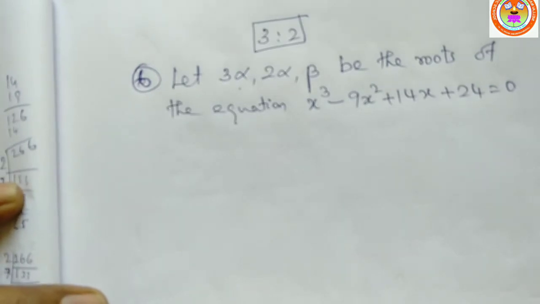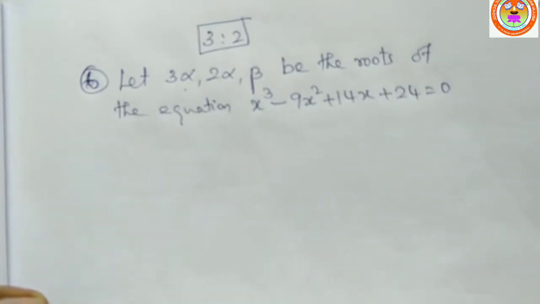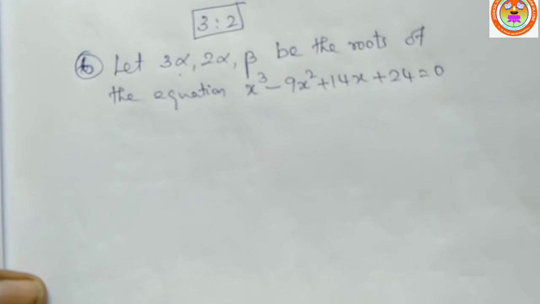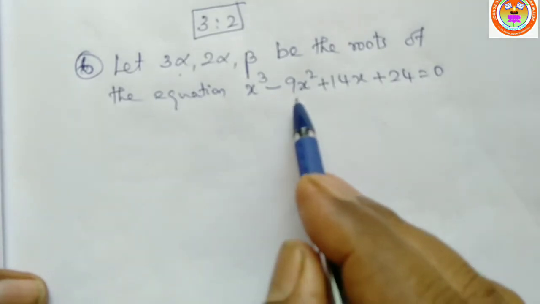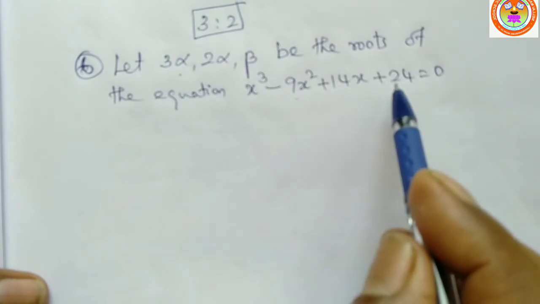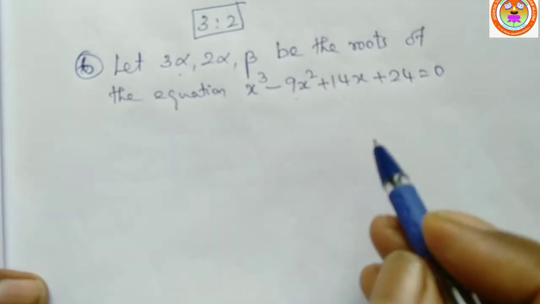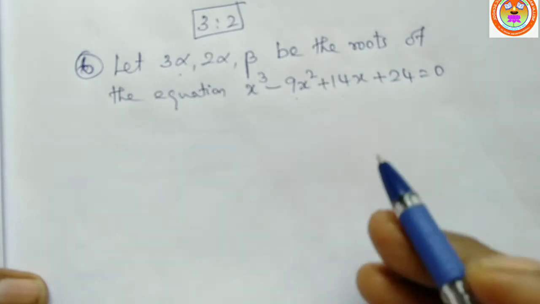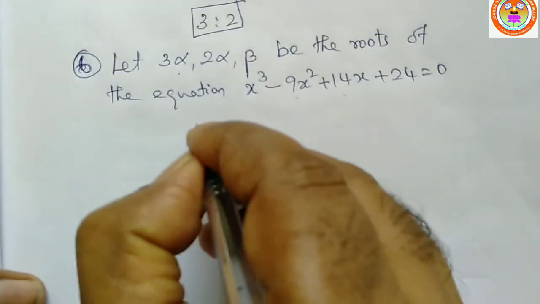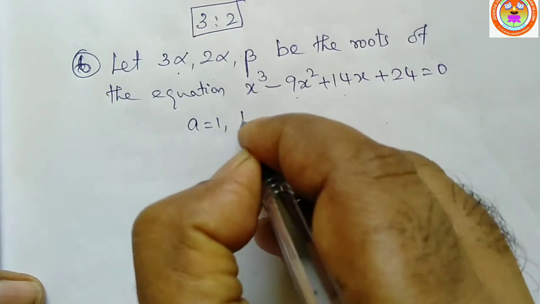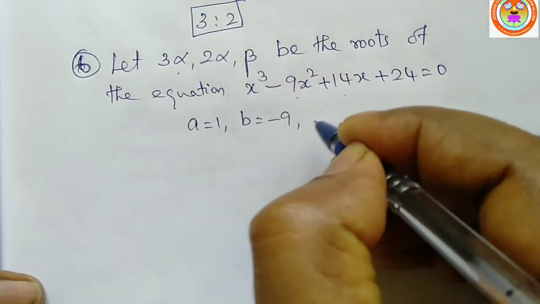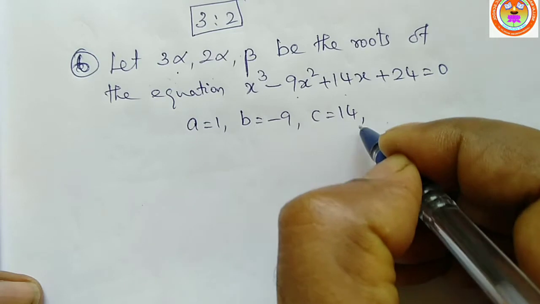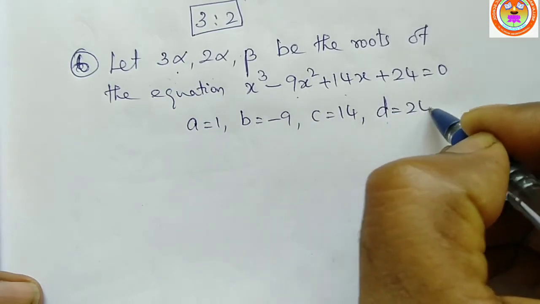When we compare this given equation with the standard form, ax cube plus bx square plus cx plus d is equal to 0, we will get a is equal to 1, b is equal to minus 9, c is equal to 14 and d is equal to 24.